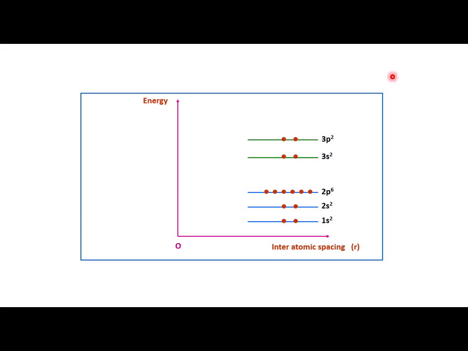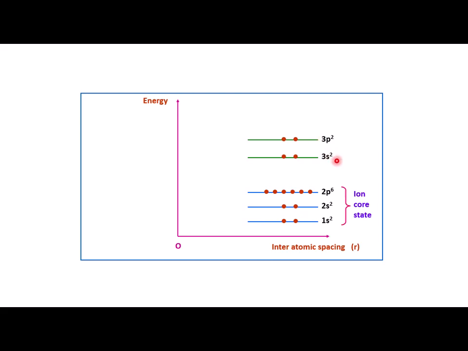Since there are n number of atoms, the outermost energy levels, 3s2 and 3p2, will have 8n number of energy levels.